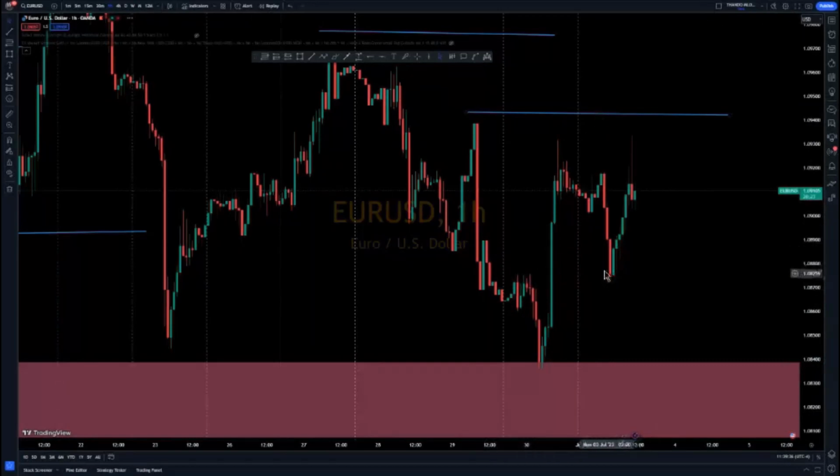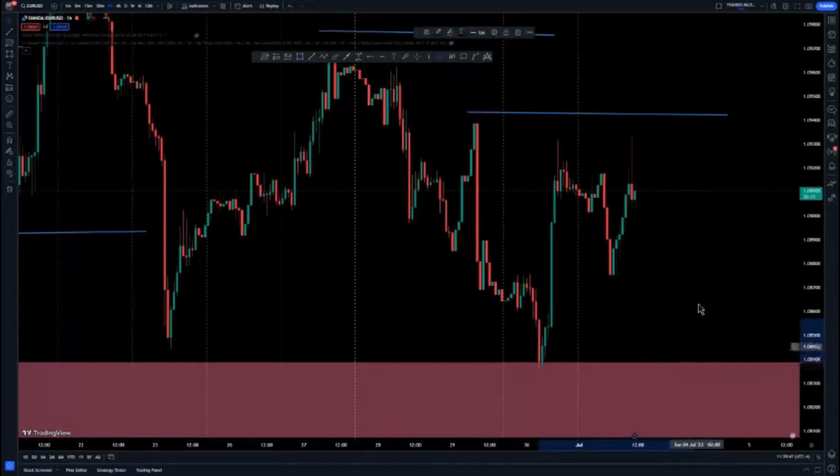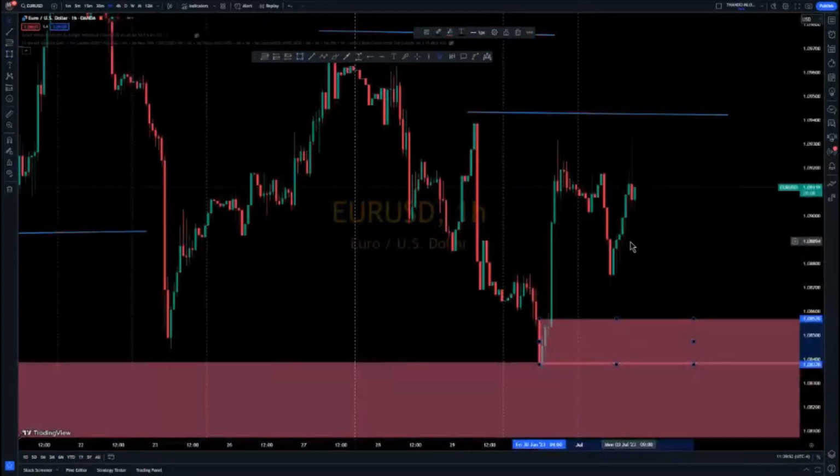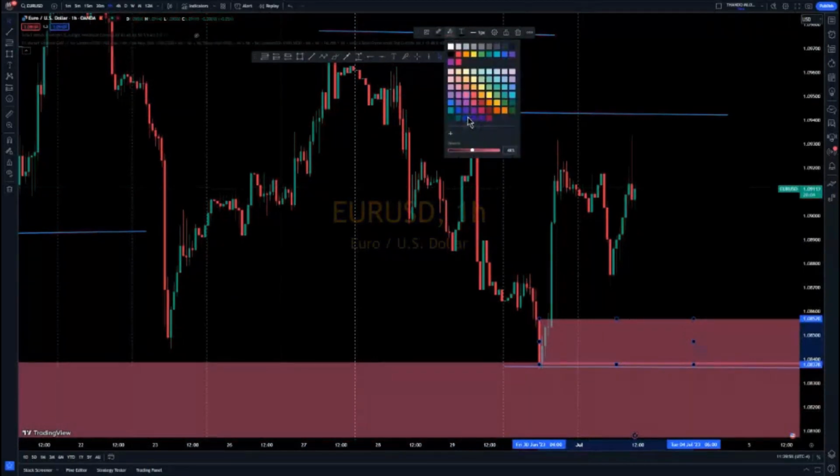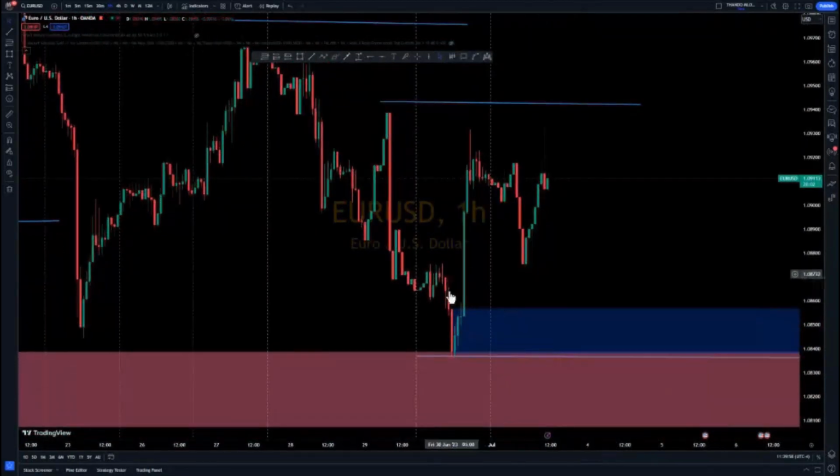Now we see prices, and this was a beautiful trade to the upside, but I would want to enter from this 1 hour order block over here, so that I can see how the market reacts. Sorry about that. Let me change the color to blue so it's visible. This 1 hour order block. Currently, what I believe the market is doing is creating liquidity in these areas.